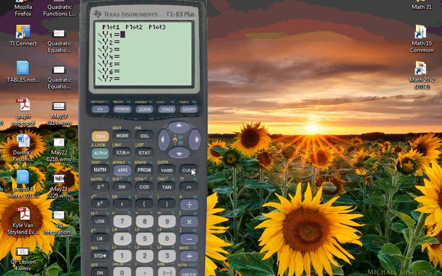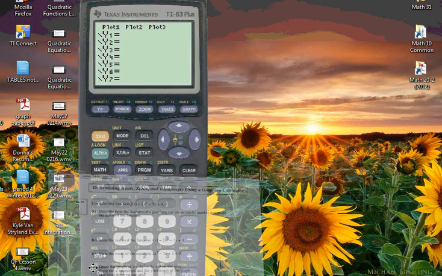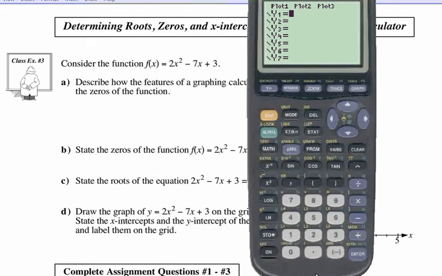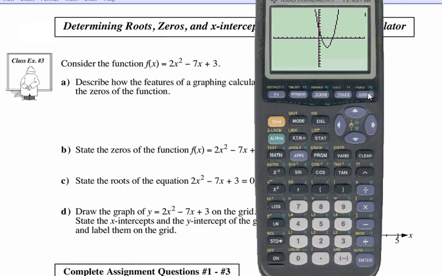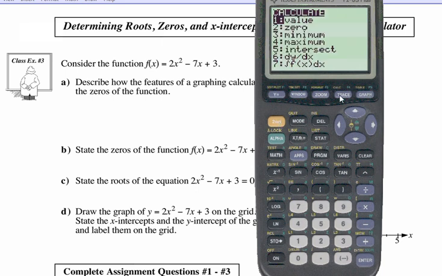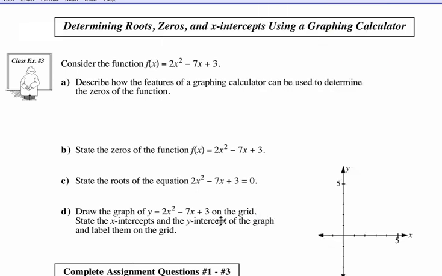Okay, let's type in our function: 2x squared minus 7x plus 3. And graph. Second, trace, number 2. Let's write that down.